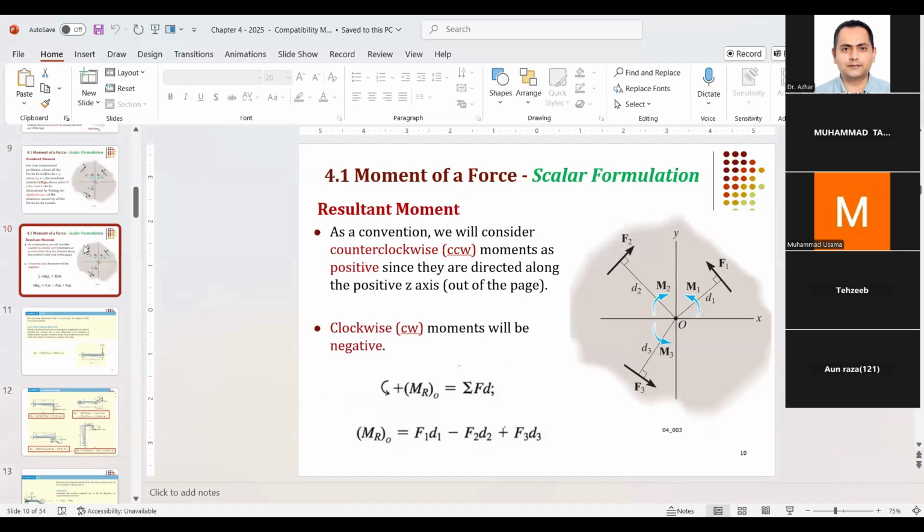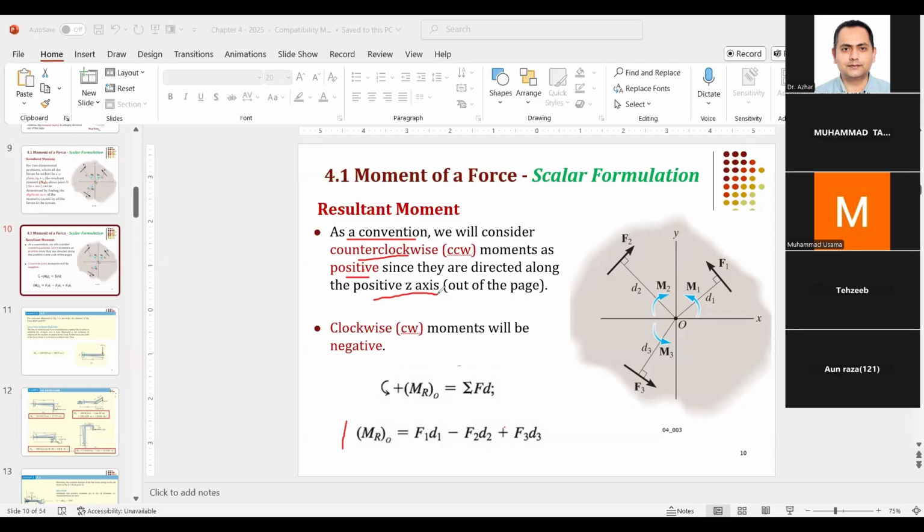Okay, moving forward. Yeah, it's the same thing as on the previous slide. Here, as a convention we will consider counterclockwise movement, and this sign convention is coming from the book. Right now the expression which is written here is according to counterclockwise positive. So as sign convention we'll consider counterclockwise movement as positive since they are directed along the positive z direction.